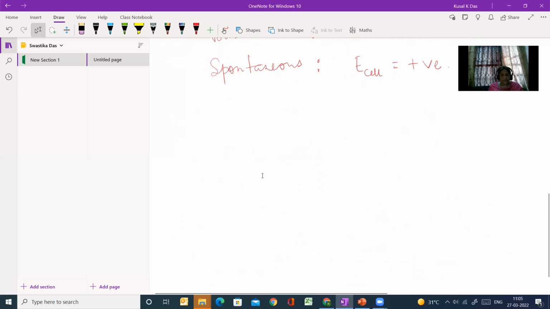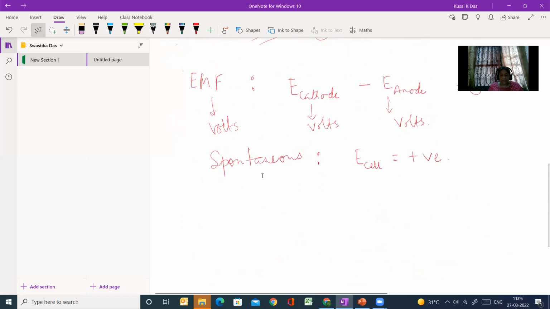For example, if you want to calculate the EMF of a Daniell cell, you can calculate in this manner. E cell of the Daniell cell is equal to plus 0.34 minus (minus 0.76) volt, which is equal to plus 1.10 volt. You can see how much voltage the Daniell cell can create.